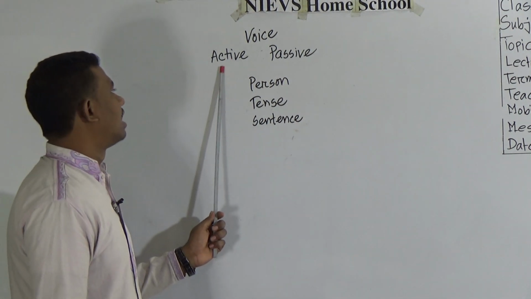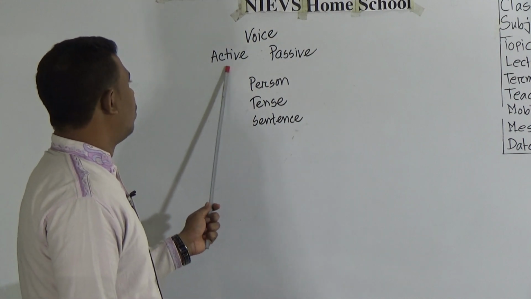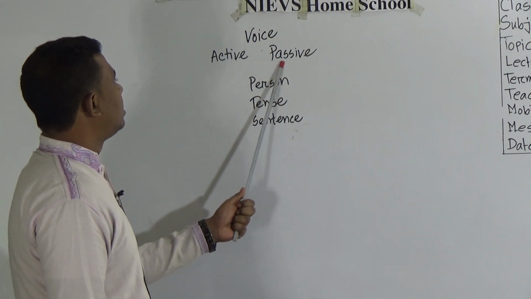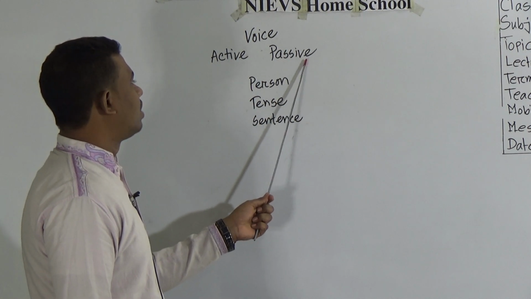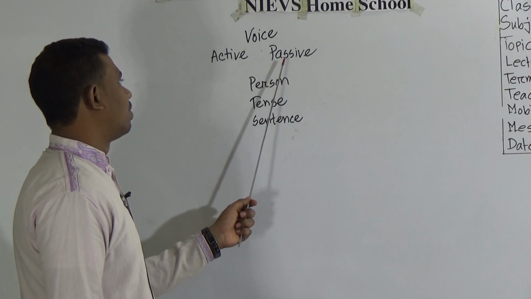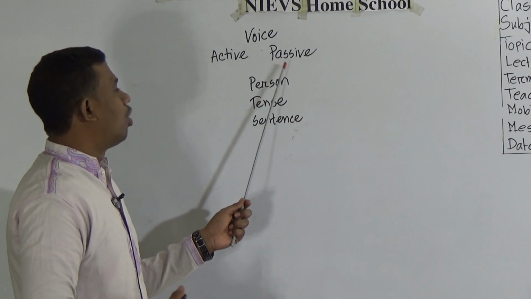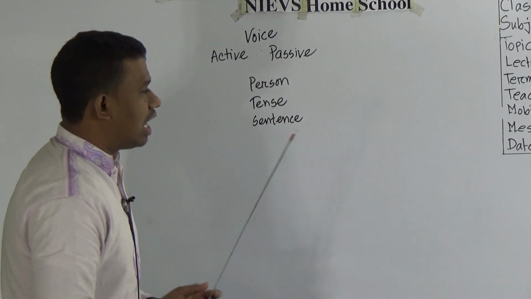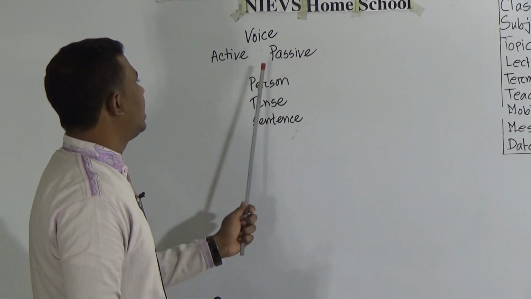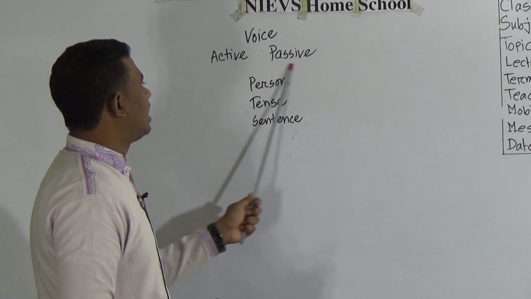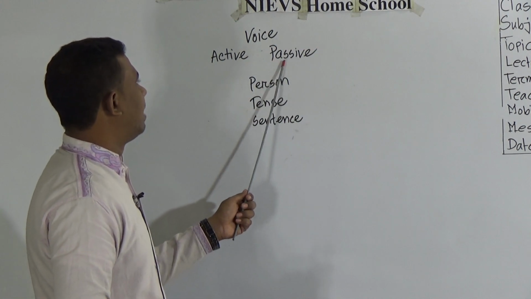That means the subject does the action, and in passive the subject or the speaker does not do the action. It seems that the work is being done through the object. So the object plays the basic role in passive voice.